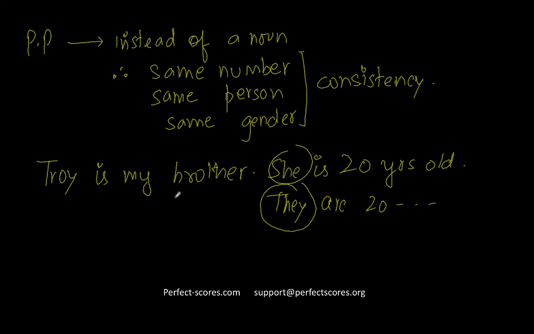Or you cannot say Troy is my brother, her is or him is 20 years old. No, you have to use the subjective case, the nominative case. So you have to use he is 20 years old. So that is what I mean by consistency. Now, when a pronoun, let me note it down here.